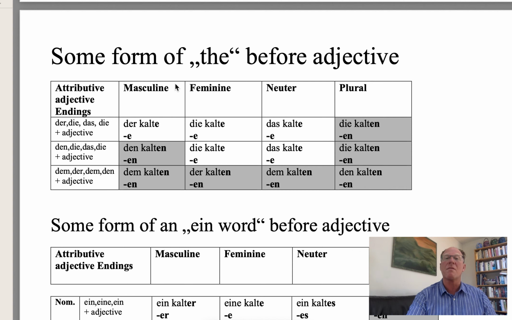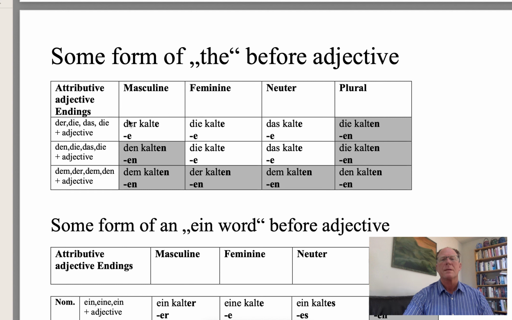Some form of the before an adjective. You will see the endings here. This one I remember as kind of like a rook of a castle. And if you remember that shape, you can remember the en endings.